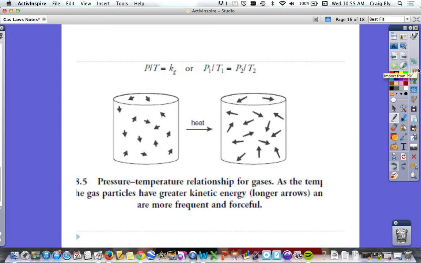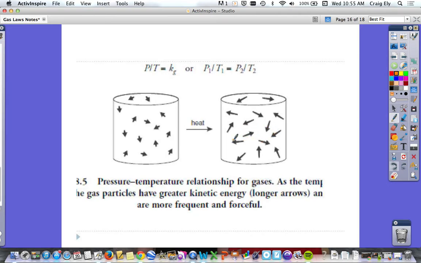Let me show you this graphic here. I like this graphic because it gives you a good idea as to what's happening. If you look at this container, these arrows represent the particles in the container. They're bouncing around off the sides of the container, and so they're exerting some pressure. But if we add heat to the container, notice the difference in the size of the arrows.